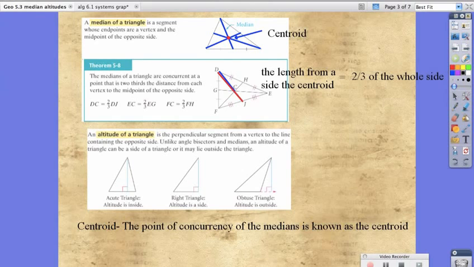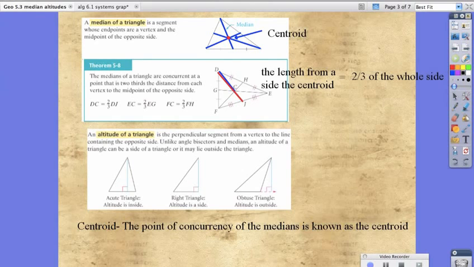Now the next definition is altitude. The altitude of a triangle is the perpendicular segment from a vertex to the line containing the opposite side. Unlike angle bisectors and medians, an altitude of a triangle can be a side of a triangle, or it may lie outside the triangle. So if we look at these three definitions, here in the first one we have an acute triangle.